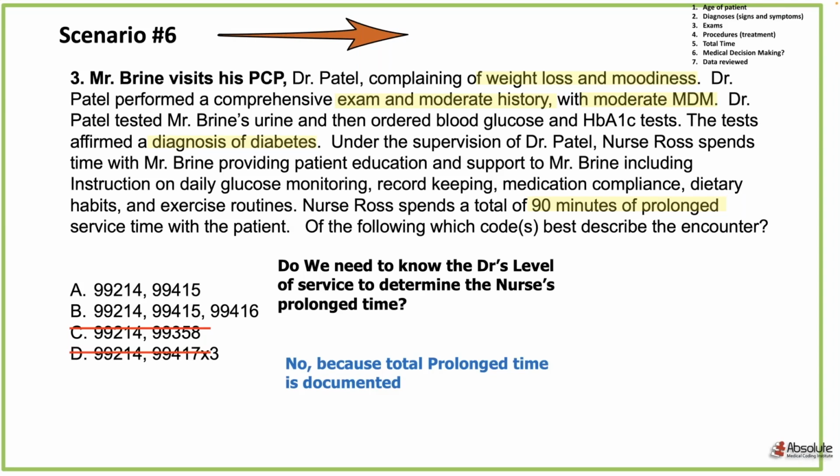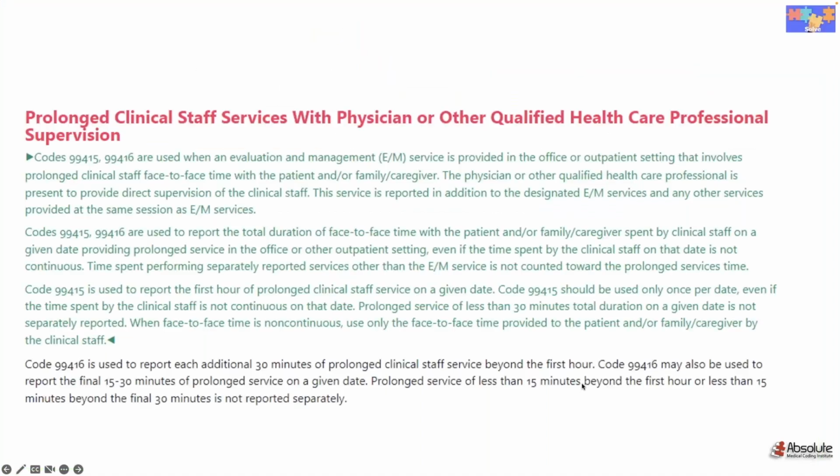No, because the total prolonged time is documented. The documentation is telling us how much prolonged time we have to code for. And it's simple as this. Look, we have 90 minutes of prolonged time.